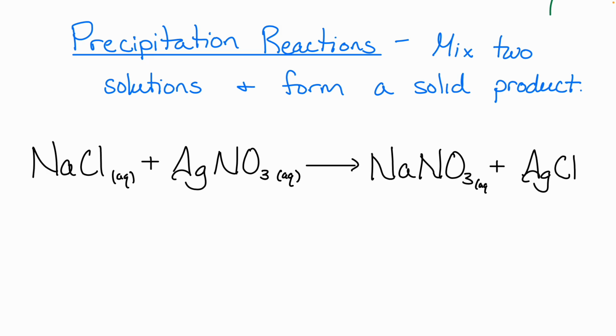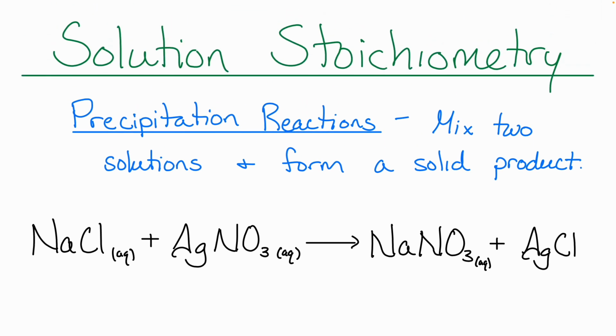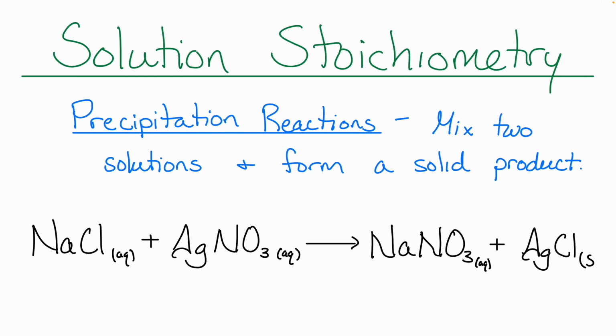This sodium nitrate is actually still aqueous, but importantly, I've formed this solid silver chloride in this reaction. All right, so again, we have to form a solid product in a precipitation reaction. That's in this case, my silver chloride.